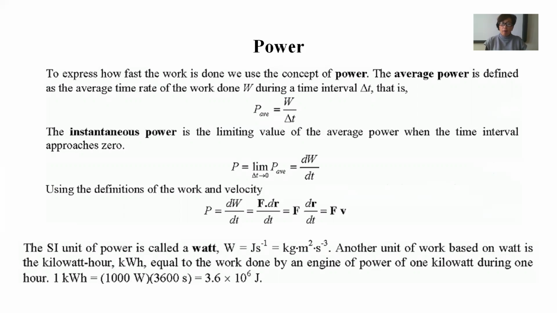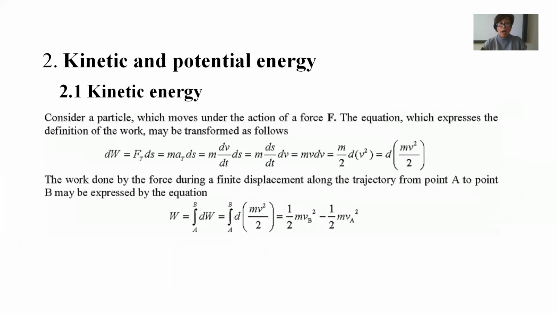Kilo is the prefix for 1000 watts, multiplied by 3600 seconds, so 1 kilowatt hour equals 3.6 multiplied by 10 to the power 6 joules.